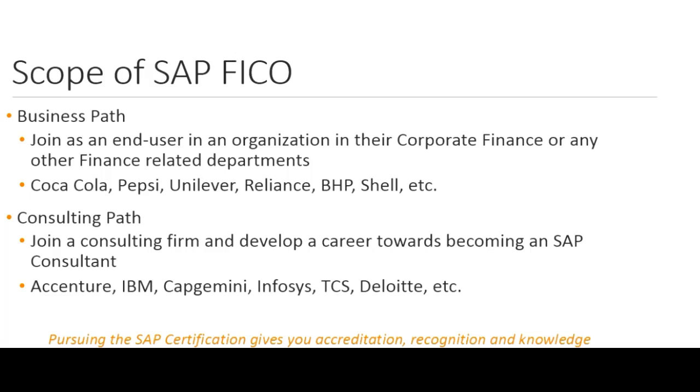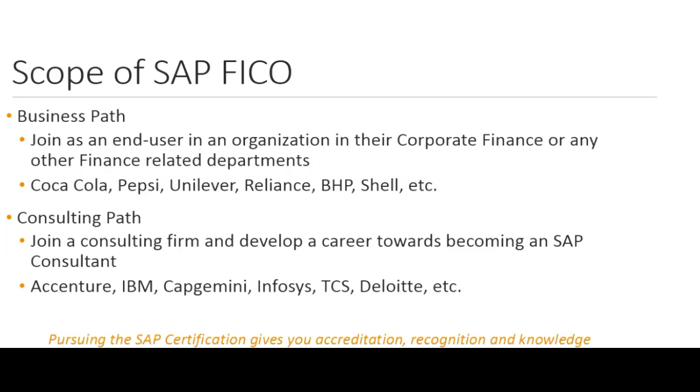Another path is a consulting path. If you want to pursue a career as an SAP FICO consultant, then it's best to join a consulting firm. Probably they take as a graduate intake or associate consultant level, and you can progress towards becoming an SAP consultant, senior consultant, team lead, project manager, and so on.